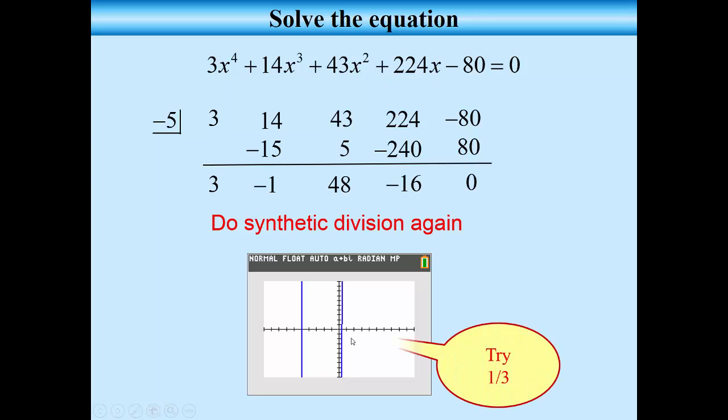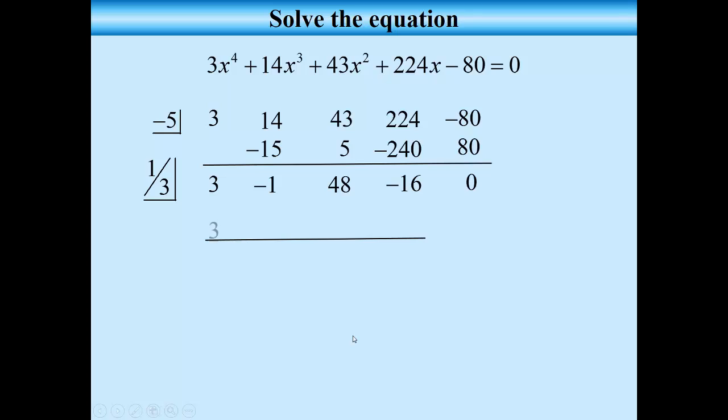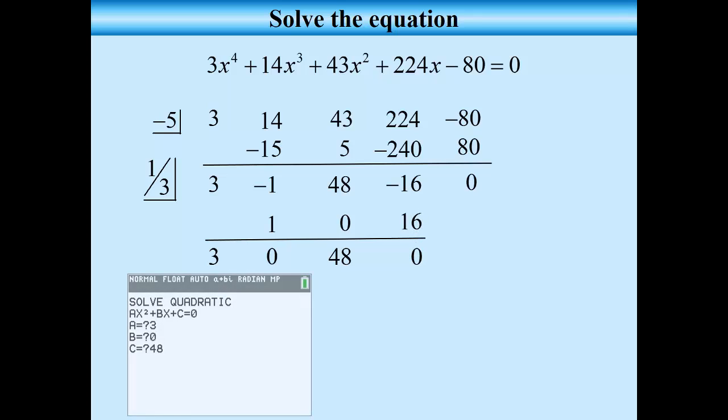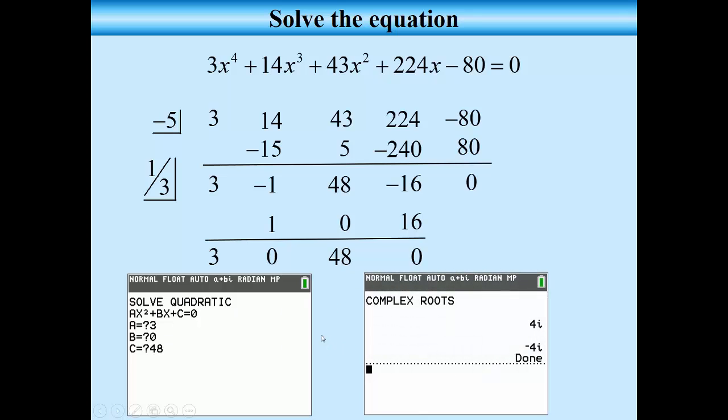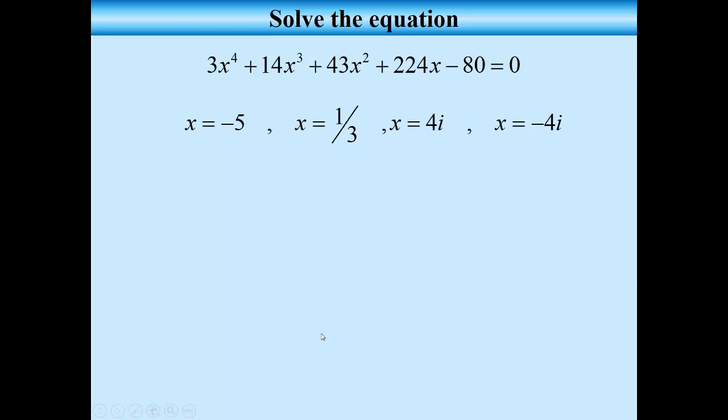However, if we use, say, 1/3, here's synthetic division with 1/3. Since that's a 0, 1/3 is indeed the other number. And now we have the quadratic equation, 3x squared plus 0x plus 48. We run it through our quadratic formula program, and we have our other 2 answers. So there's our 4 answers.